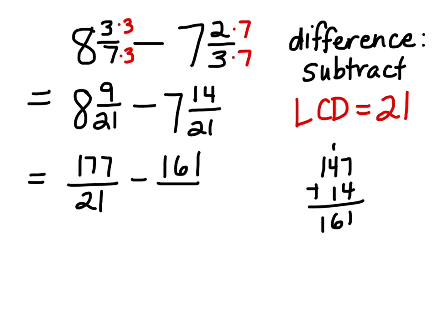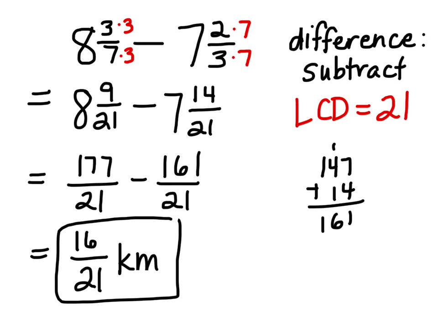Is 161/21. And now that I have a common denominator and I have numbers that I can subtract, I would do 177 take away 161. That gives me 16. So what is the difference between the two distances? It's 16 out of 21 kilometers, which is your answer.